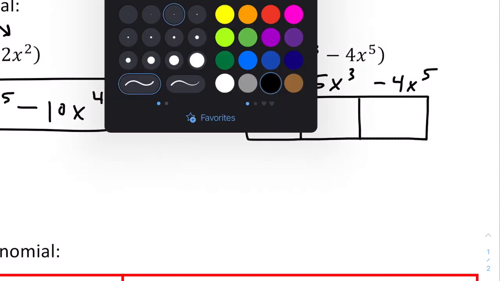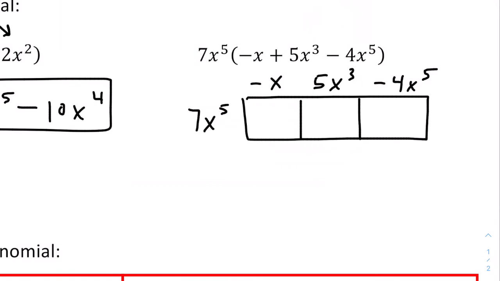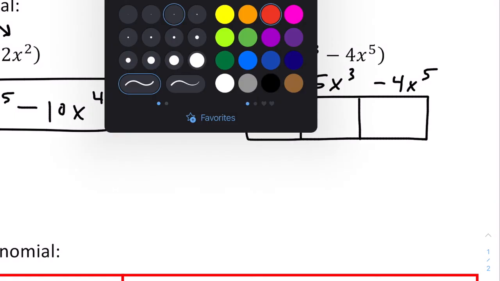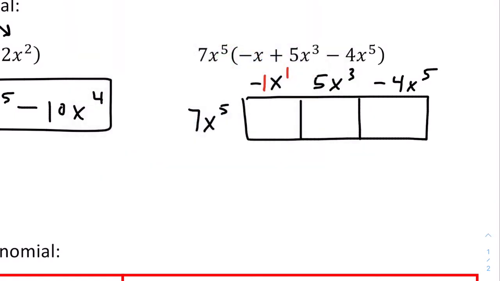I'm going to go through and I only have to do, well, I could do this. I could add a 1 here and a 1 here, right? But otherwise, everything else is okay. There's no other things that I need to add there. So the first one, I'm going to take the 7x to the fifth and multiply it times the negative 1x to the 1.